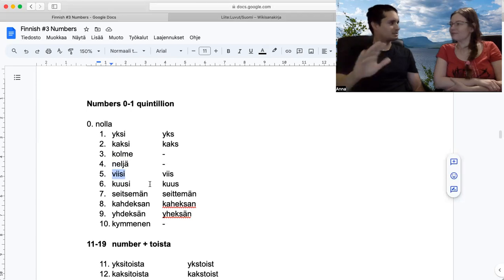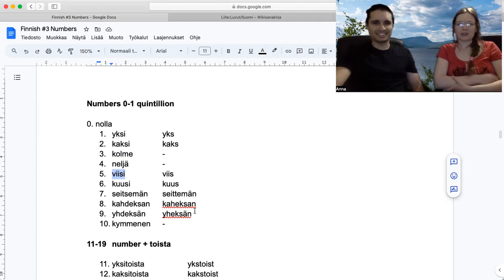Your L's are sometimes a bit tricky, a bit soft. 5, viisi, or viis, colloquially.